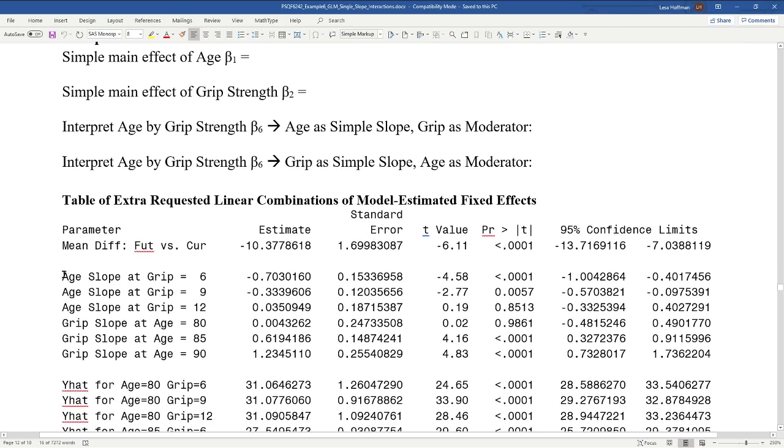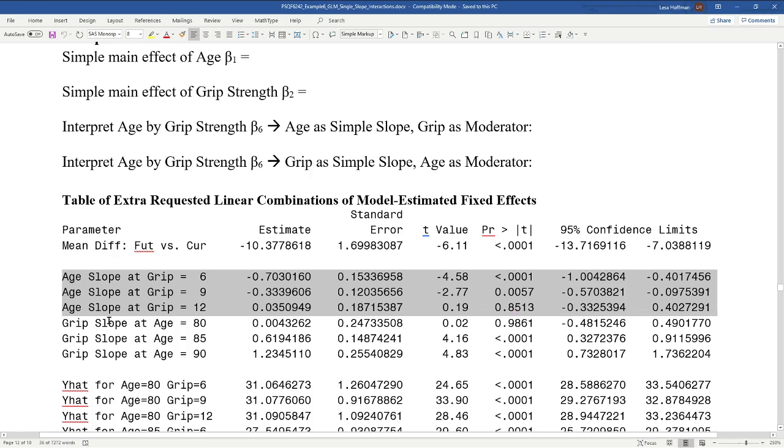So for instance, down here, I have those. The middle one at grip strength equals 9 is exactly what was given by the model. The slope for grip strength equals 6 is more negative because grip strength is lower, and the age slope for grip strength equals 12 is less negative and actually heading into positive.